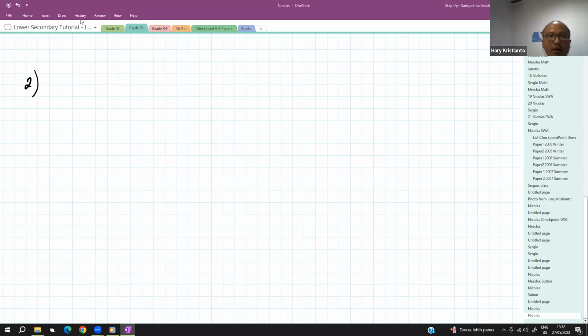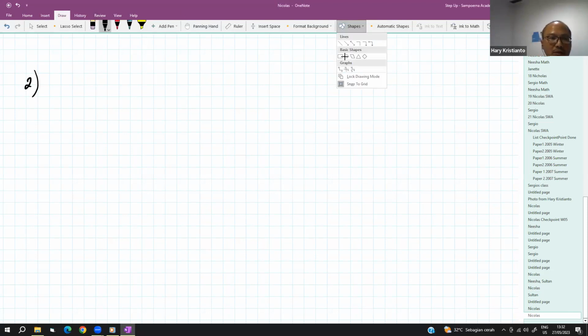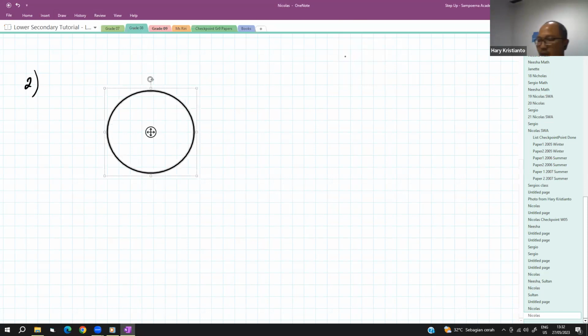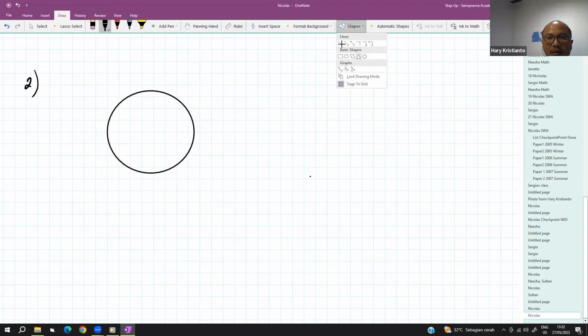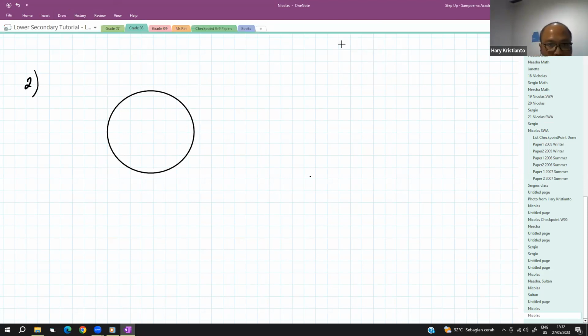I have here a circle, and then I have a right angle triangle that goes like this. It's a tangent line, and you have a line.